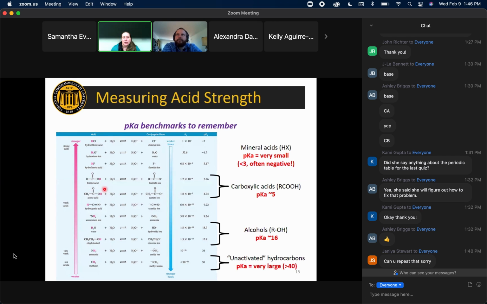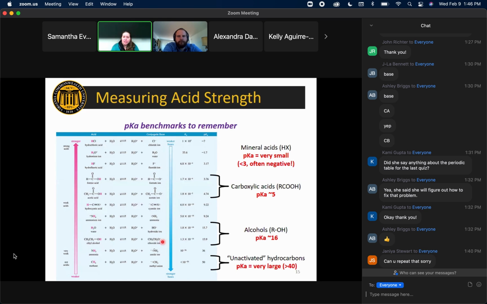These molecules are a little bit more acidic than most organic molecules because that negative charge on the oxygen can be stabilized through resonance into the neighboring double bond. That's what gives these carboxylic acids a pKa that is lower than, for example, water and molecules like that, which are called alcohols. When you deprotonate an alcohol or water, you have that negative charge on an oxygen.